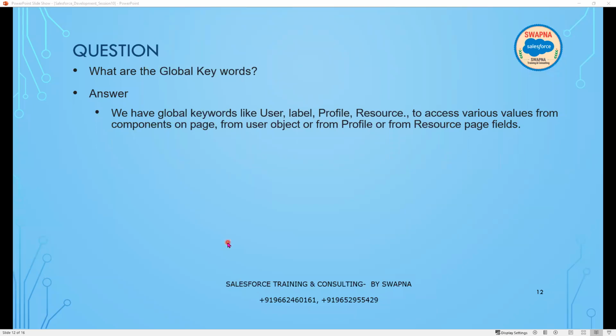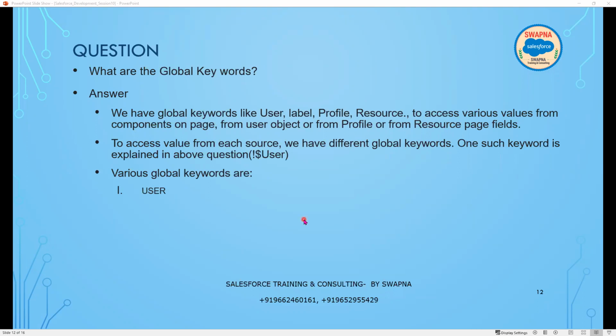To access the values from each source we have different global keywords such as dollar User, Profile, Resource, Label, Organization, which are used to access the data available within the Salesforce org, right?